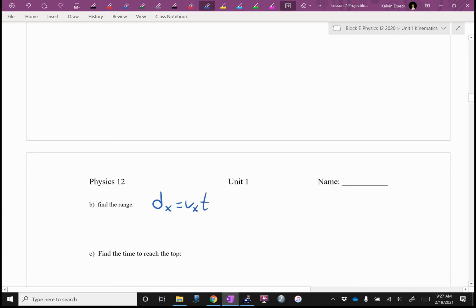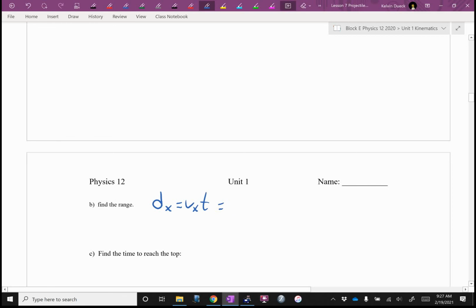And no plus a half AT squared. By the way, can you see how tempting it is to put in the 9.8 for the acceleration in the horizontal? Because, oh, there's no acceleration, I must put something there. No, there is an acceleration. It's exactly 0, which is a nice number to do math with.